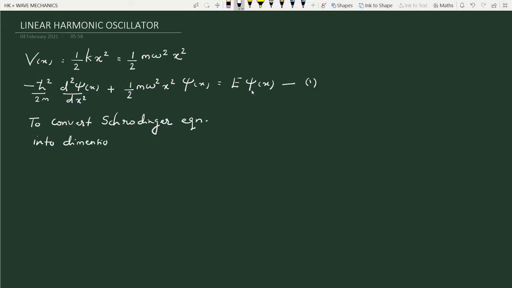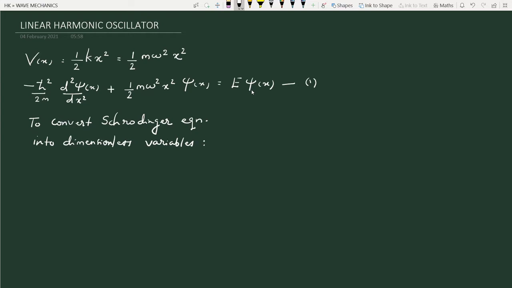It is an ordinary differential equation, not a partial differential equation, because we are differentiating only with respect to x. So it's an ordinary differential equation in terms of the position coordinate x, and there is one variable x and another variable, the energy.